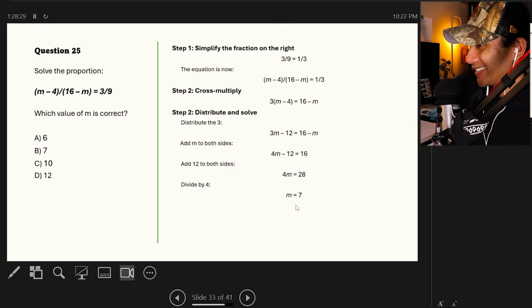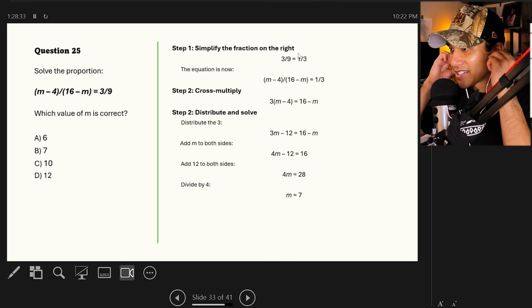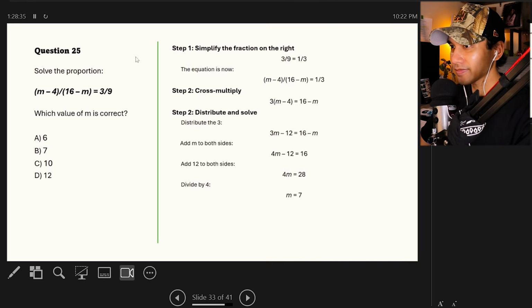So I just did it the hard way. I should have simplified first. Which value of m is correct? Okay, these all could be m. Anyway, screenshot this, guys, and make harder problems.